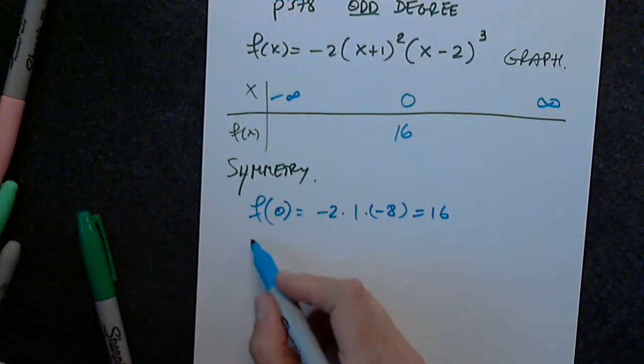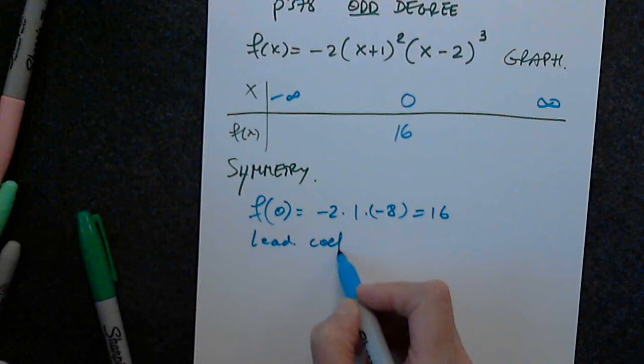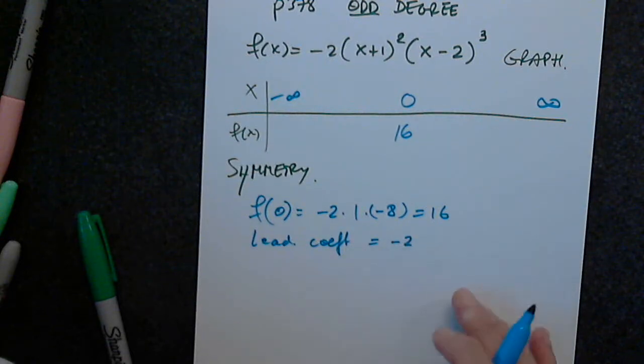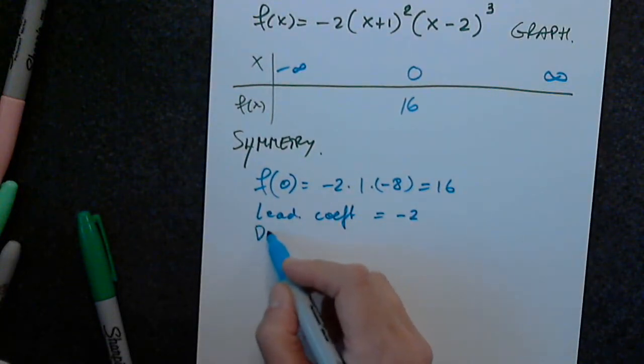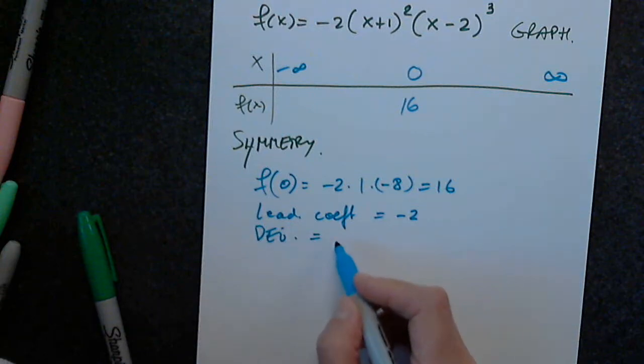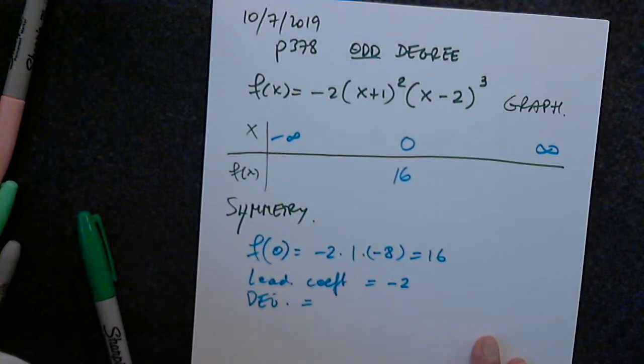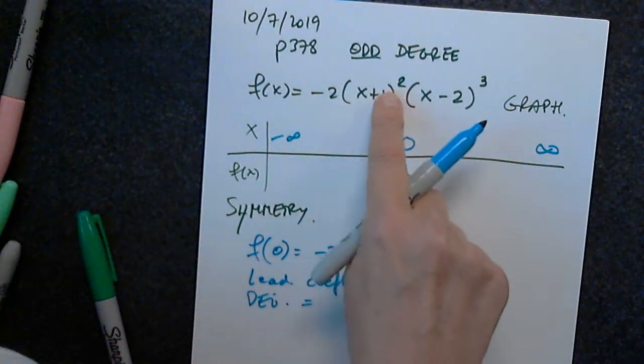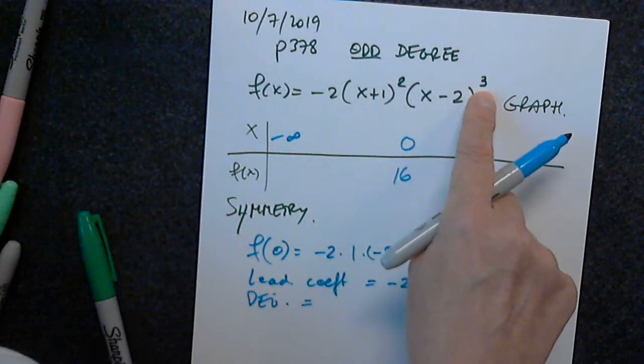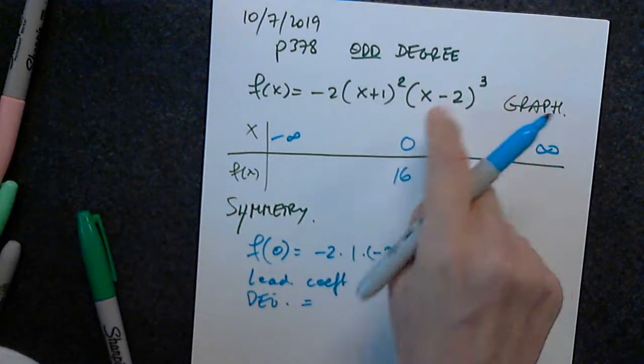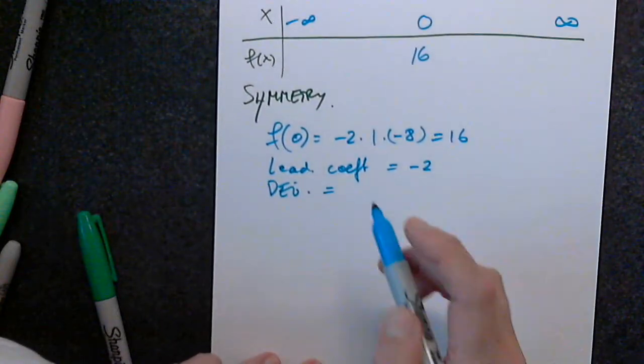Okay, what is the leading coefficient? The leading coefficient is negative 2. What is the degree? Yes. x squared times x cubed is x to the 5th. So degree is 5.